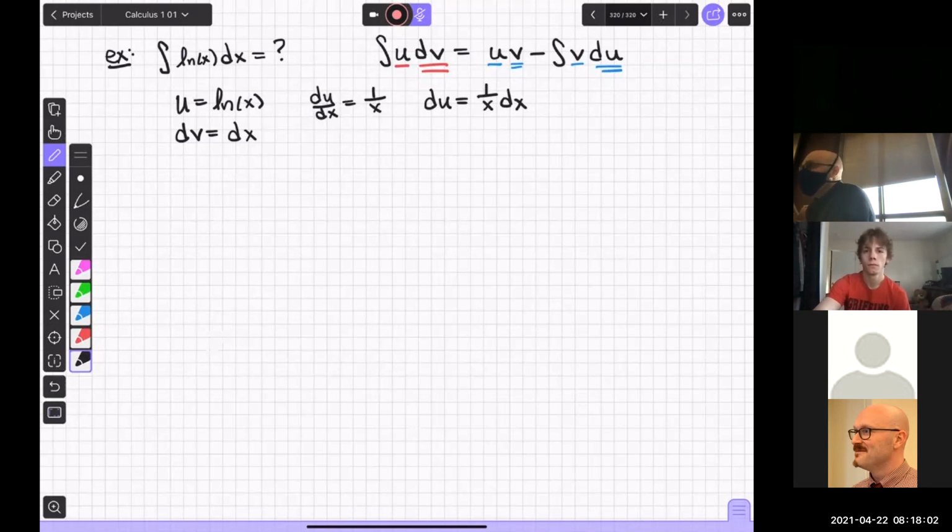When we do u substitution, we're doing steps very similar to this, right? But for u substitution, we would go one step further on this. What would we do for u substitution? We then solve for what the dx is. Do we need that here? No, we don't.